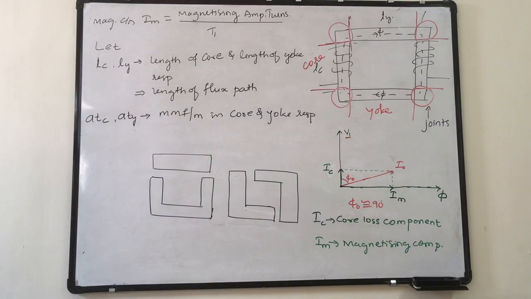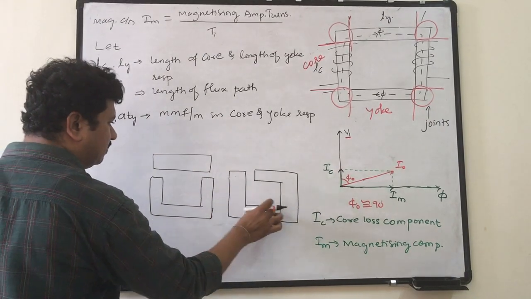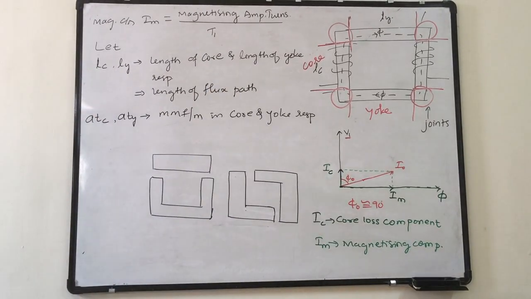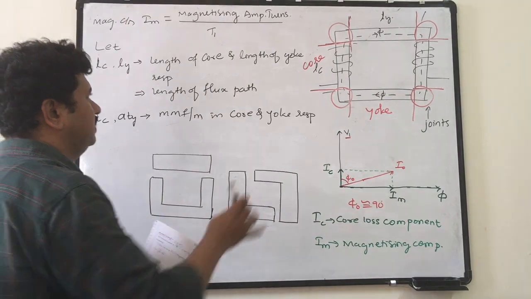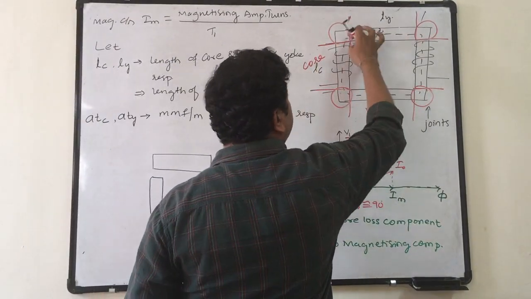When I join these two here, those will form joints, and joints are considered to be equivalent to air gaps.